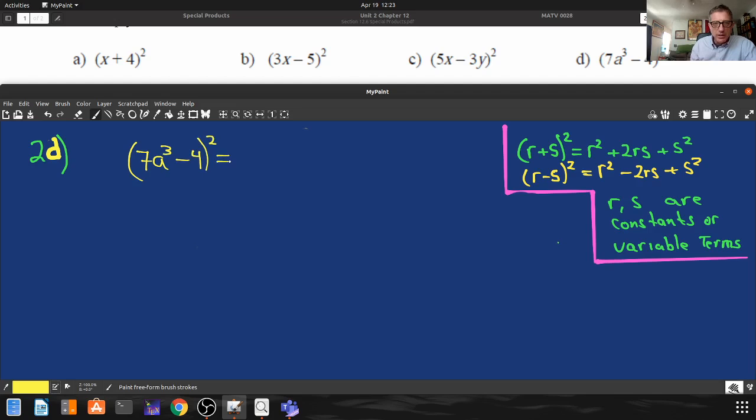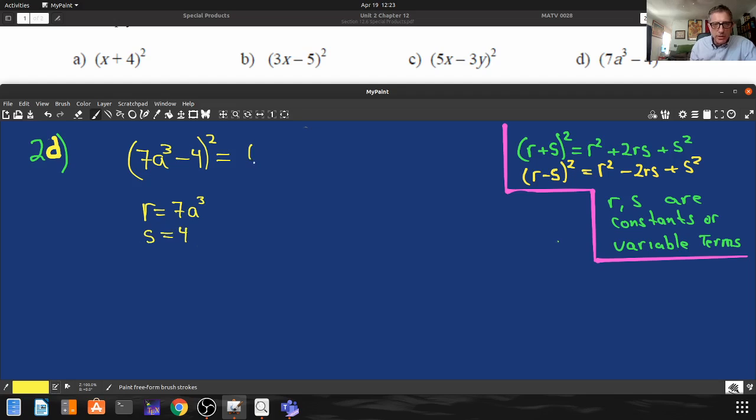Let's see if we can do it without writing the formula explicitly. I'm just going to name my r is 7a cubed, and my s is equal to 4. So r squared is 7a cubed, and that's squared. And again, this is a minus, so minus 2 times r, 7a cubed, times s, which is 4, plus s squared, which is 4 squared.